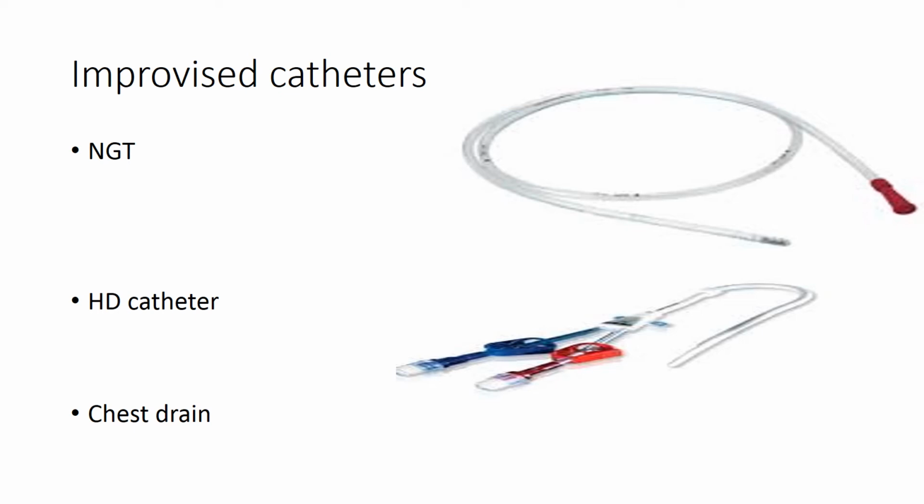So what we do is at the tip of this NG tube, we would create extra holes to make sure that we allow optimal drainage of fluid from the peritoneal cavity. And then from experience, size 16 French works very well for most children.